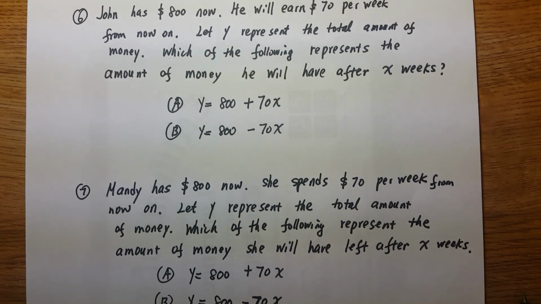Number 7, Mandy has $800 now. She spends $70 per week from now on. Let Y represent the total amount of money, which of the following represents the amount of money she will have after X weeks. So I'm going to give you 1 minute, and then you're going to determine it's either A or B.